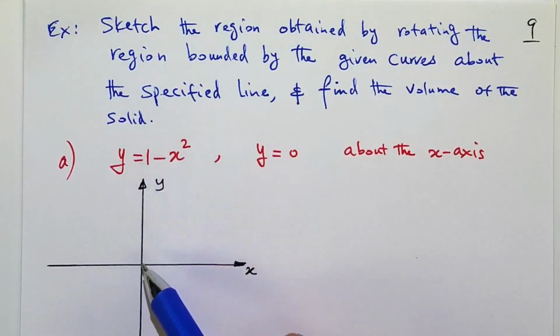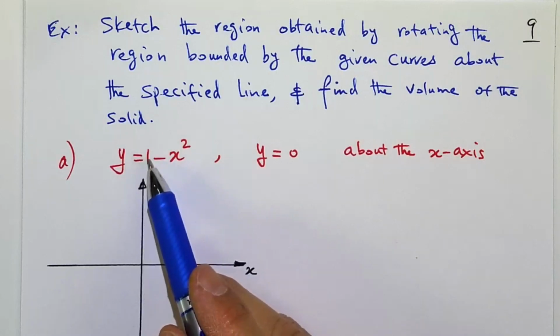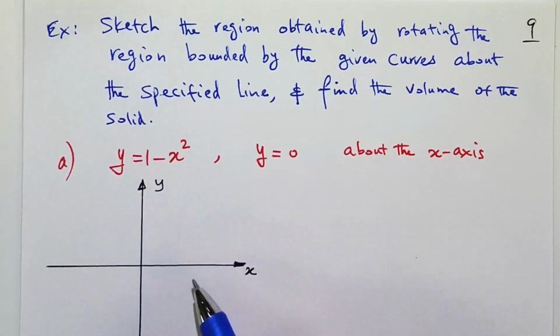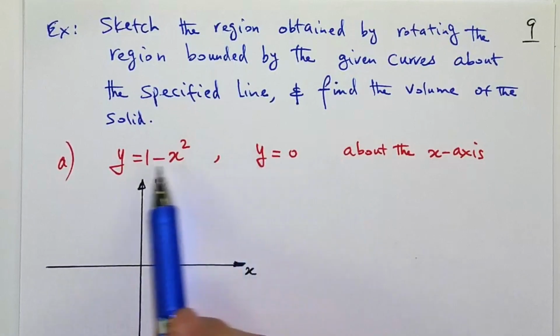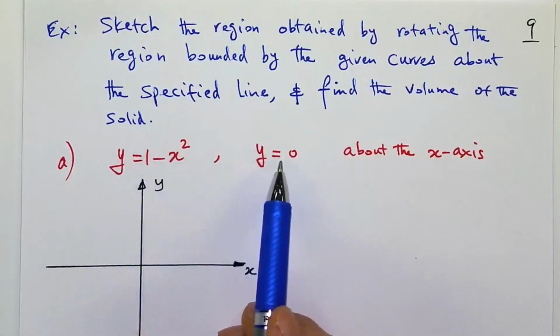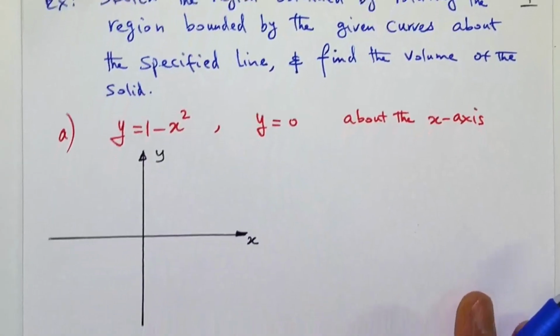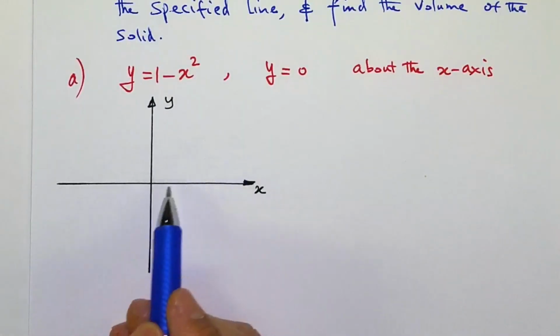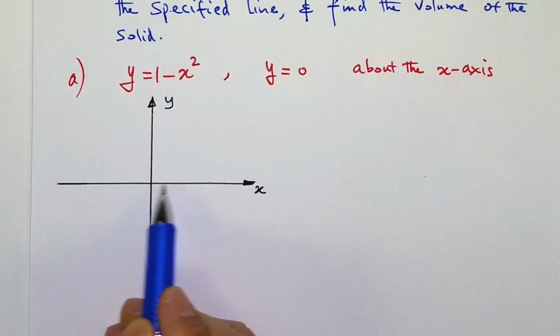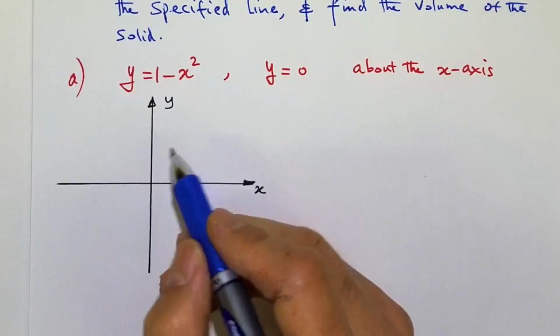The vertex is moved up 1 unit, right? We remember that from transformation of functions from pre-calculus. And y equals 0, so that will have to stop at this x-axis.